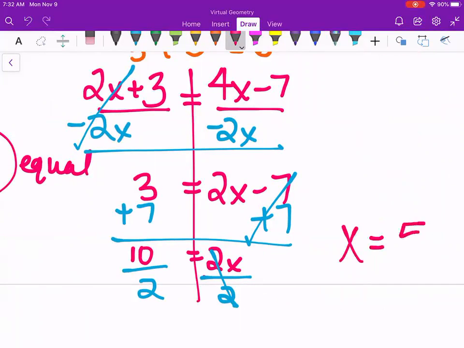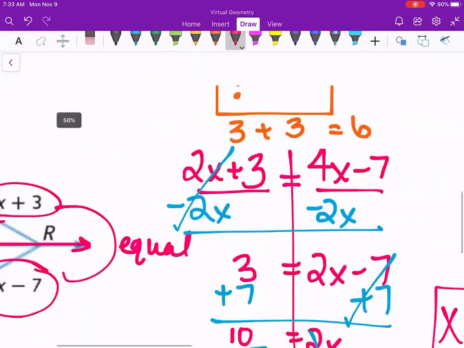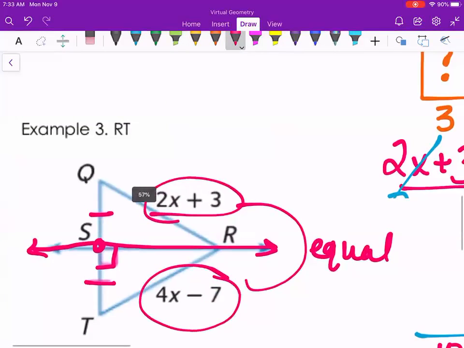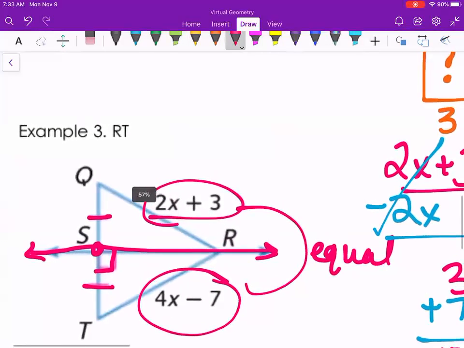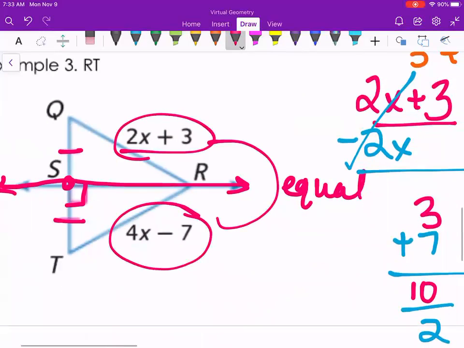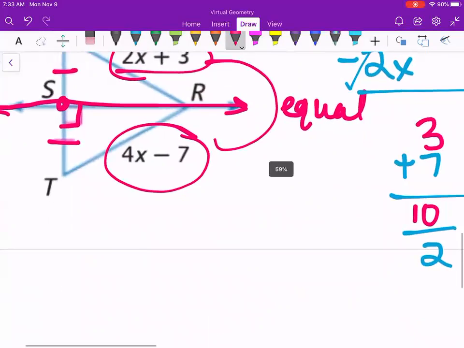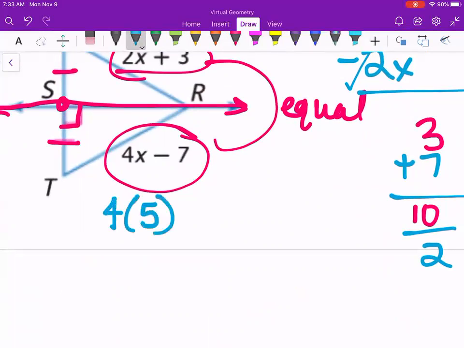And my x is equal to 5. 10 divided by 2 means it's 5. Now, specifically, the question says, find the length of RT. Again, we're looking for RT here, which is the 4x minus 7. So now that I know x is 5, we're going to plug it back in. So 4 times 5, because we just said x was 5, minus 7.